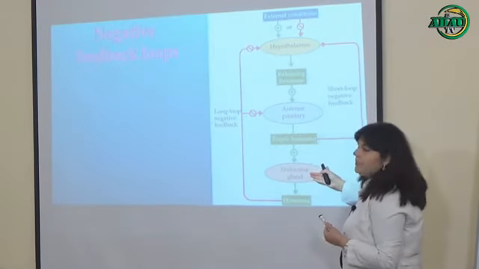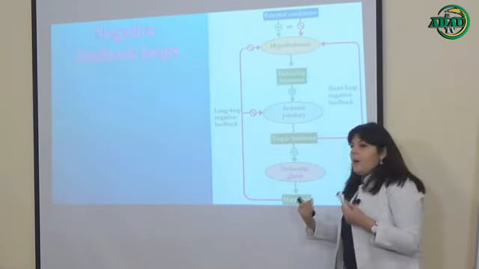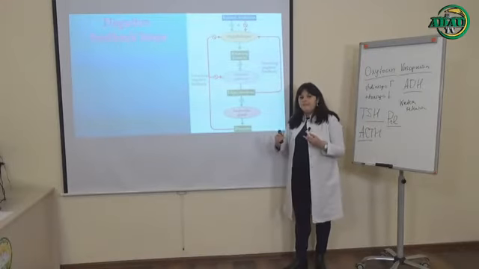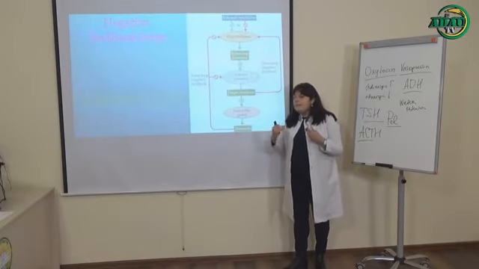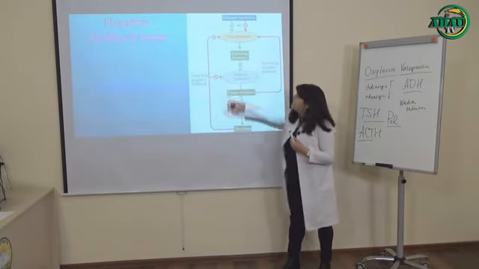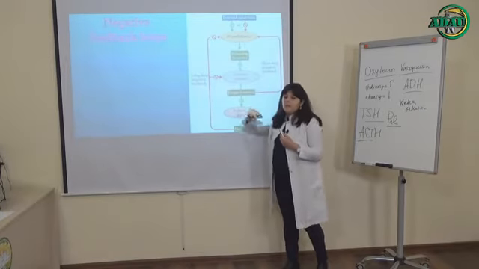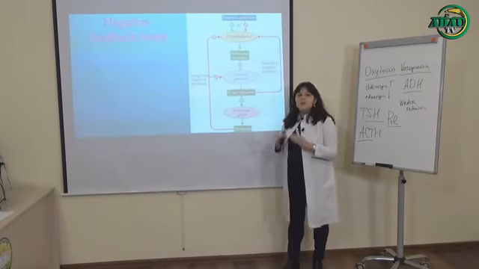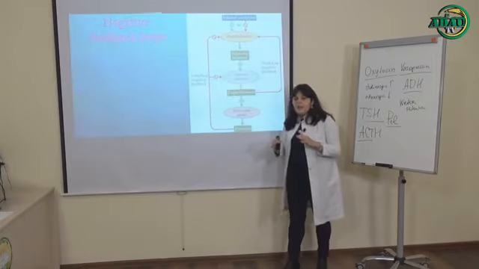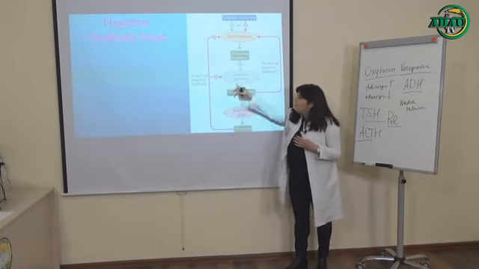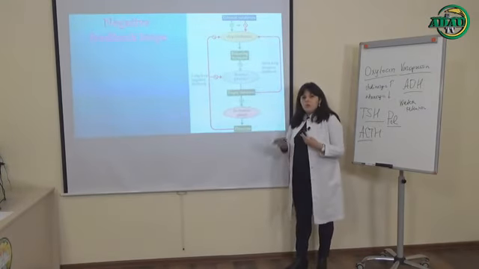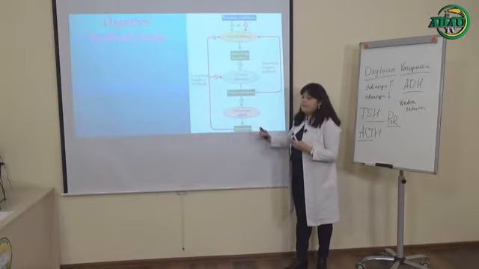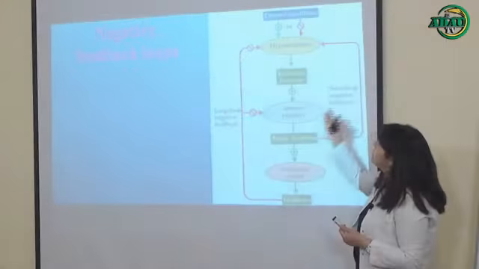If the amount of the hormone is enough in the animal body, this hormone will send negative feedback to the hypothalamus or to the pituitary gland to stop the production. So there's negative long feedback. If it's a long loop, it means that the hormone sends the signals directly to the hypothalamus.